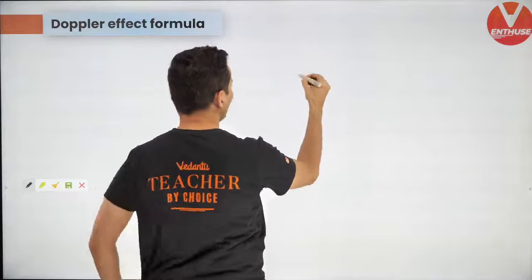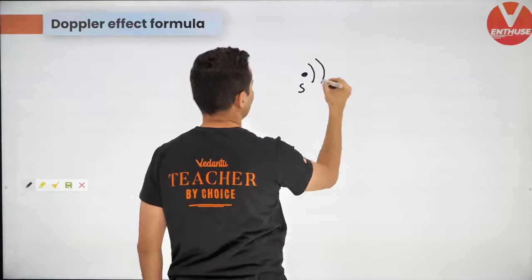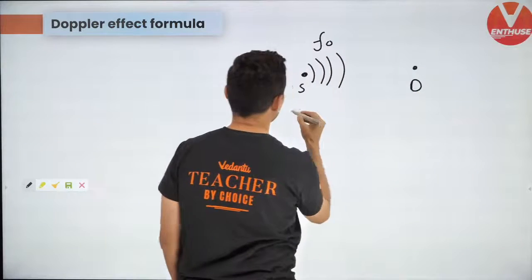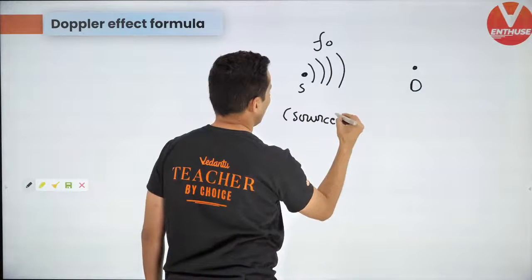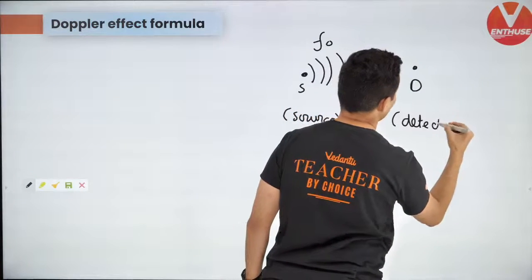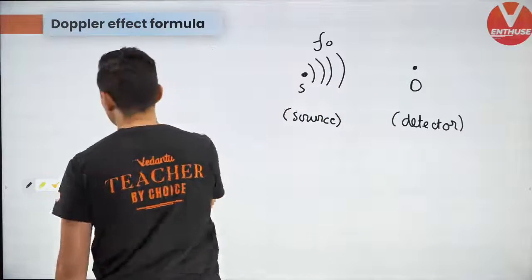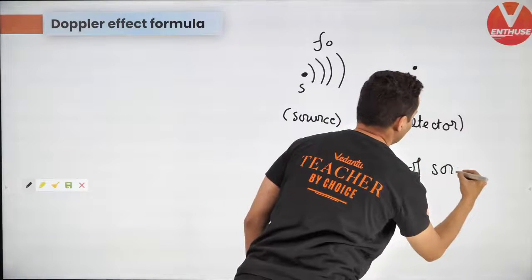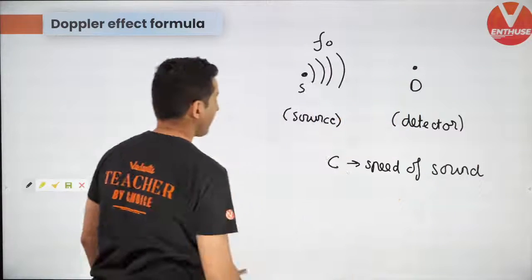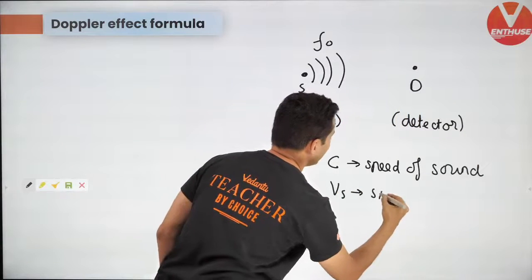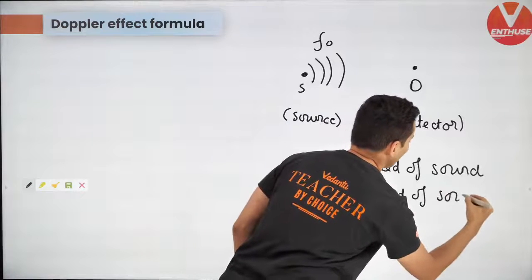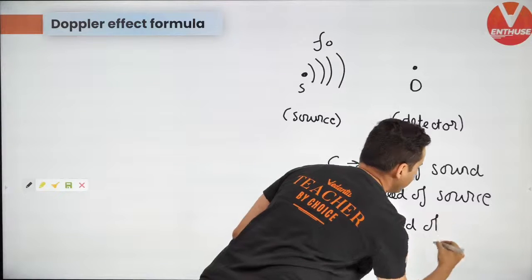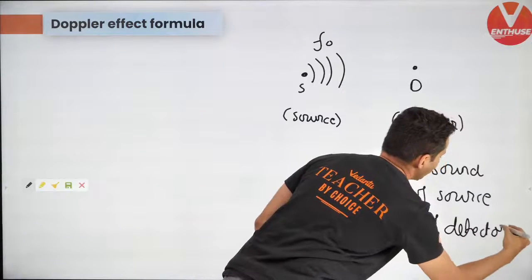So if you have a source which is emitting some sound of frequency f0, and this is nothing but a source and this is nothing but a detector or an observer, and let's say c is the speed of sound, vs is the speed of the source, and vd is the speed of the detector.